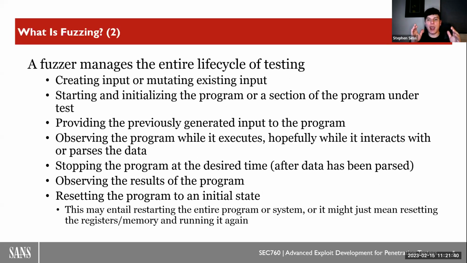So we want a target, which is what we're fuzzing. We want sample files that it can mutate from. We want the capability to automate opening up the program that we're fuzzing, and opening up the file that is the mutation and repeating that in a loop.